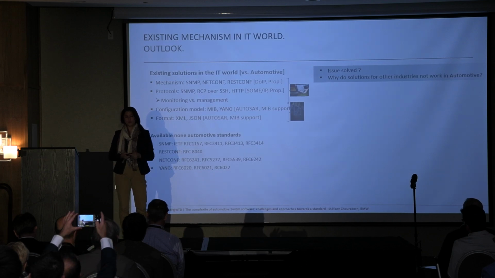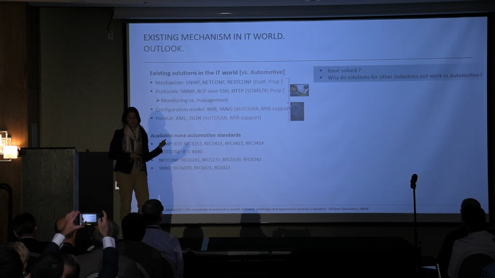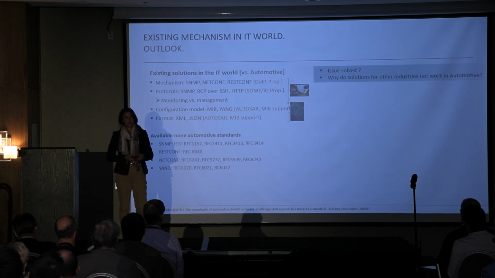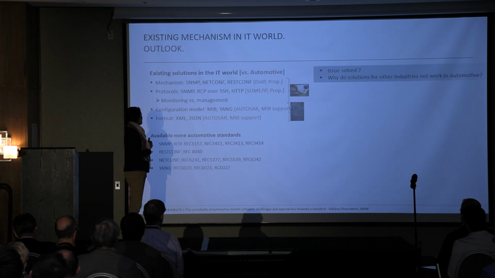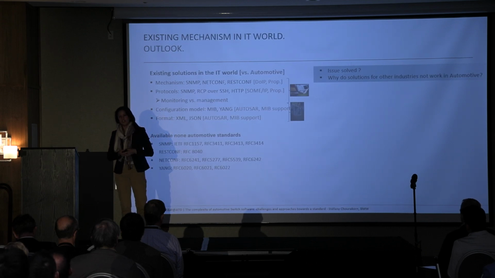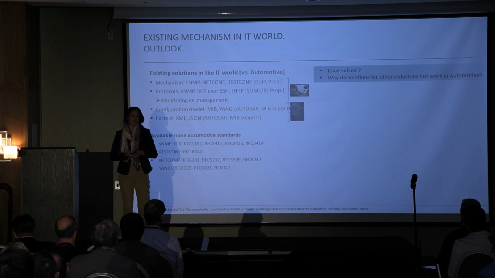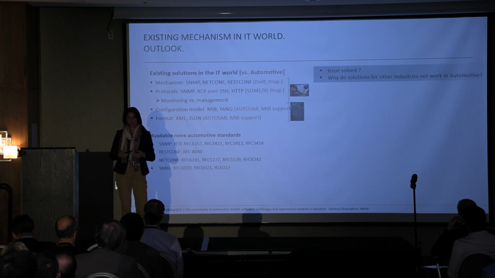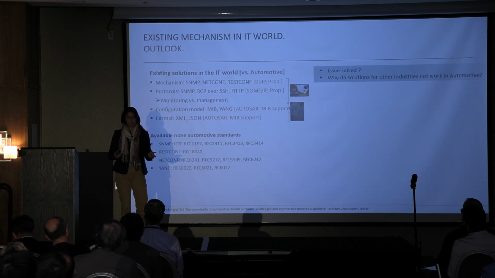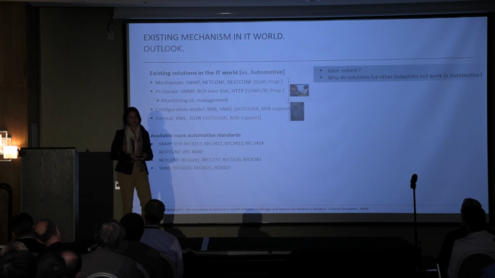What is it not solving? What are the gaps? The question that I also have is, if we already have this mechanism in other branches, why have the switch vendors, which are also selling products outside of the automotive world, not come up with those solutions? Is there actually some limitation that we cannot adapt it to automotive?